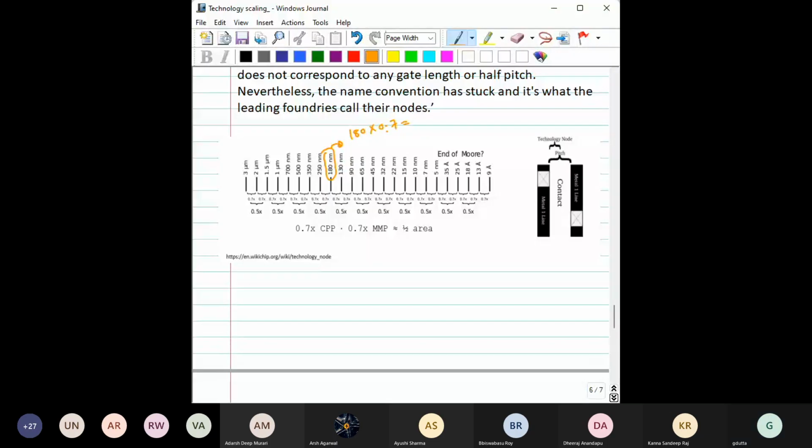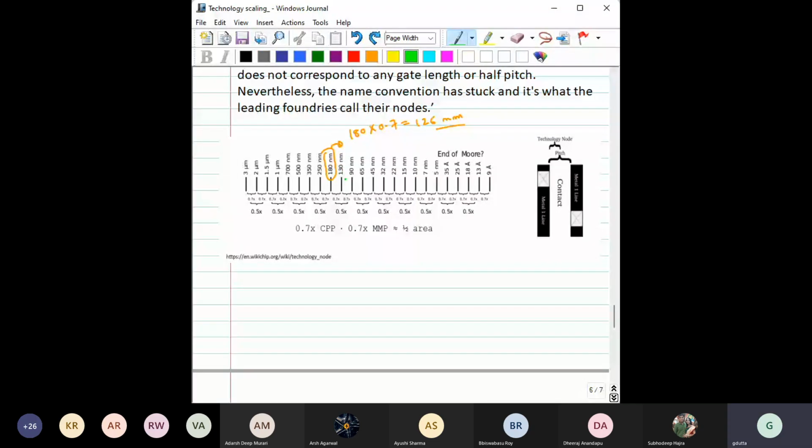Please tell me what is the result? 126. 126 nanometer, right? See, for the next technology node, generally they do not make it 126. They try to round it off. So here you can see that the next technology node is 130.